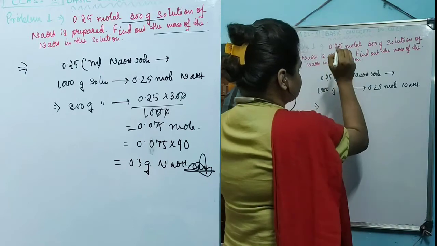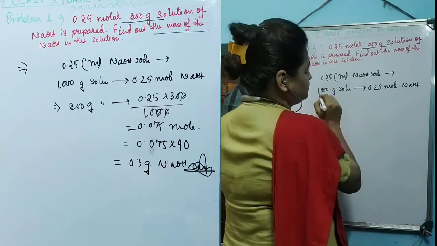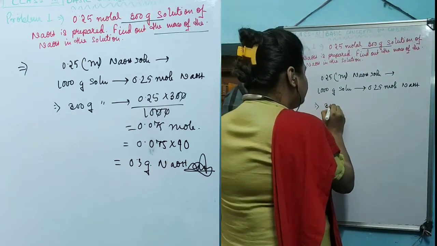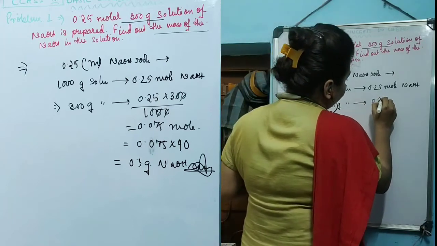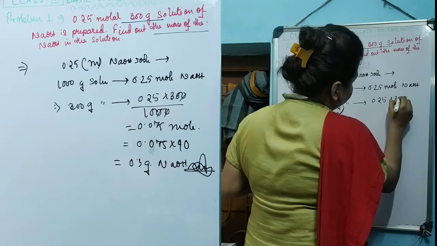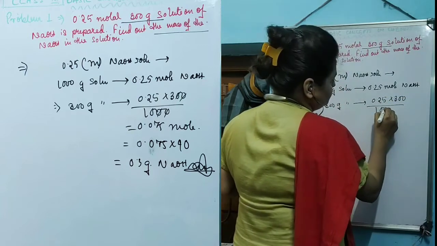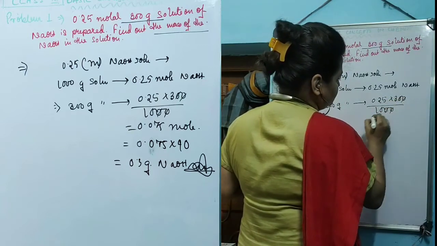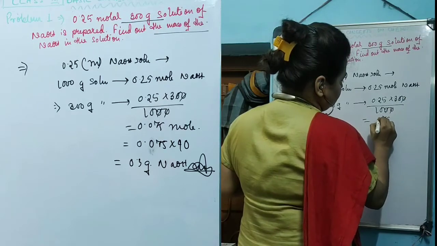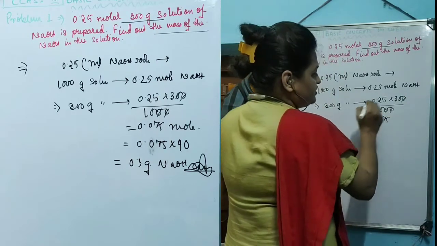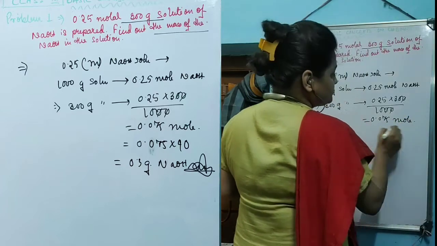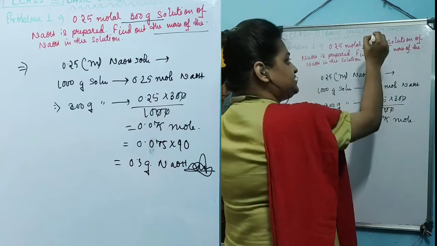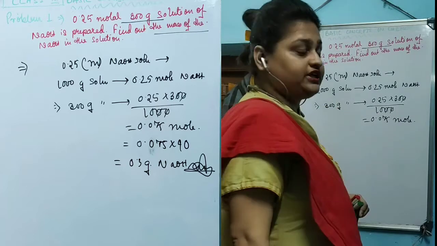Now, my actual solution is of 300 gram. Therefore, for the 300 gram solution, the mole number of NaOH will be calculated as 0.075 mole.